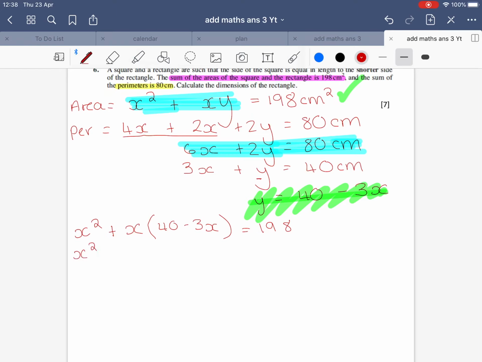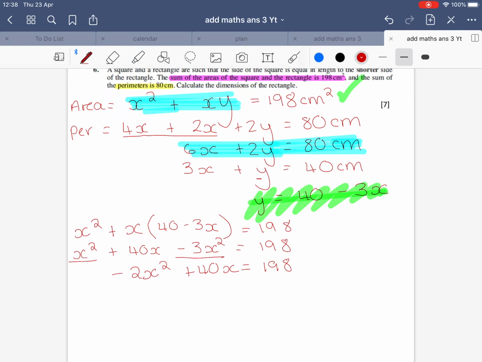So I'm just going to expand that bracket: x squared stays the same, plus x times 40, that's 40x, and x times minus 3x is minus 3x squared, and that still equals 198. So I can simplify. I've got 1x squared, take away 3x squared, that's minus 2x squared, plus 40x equals 198.